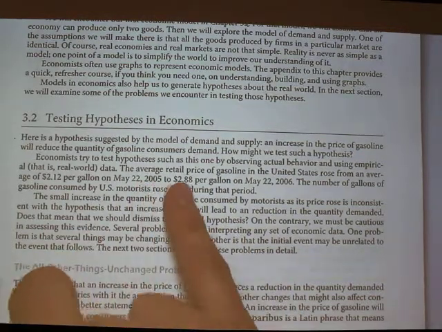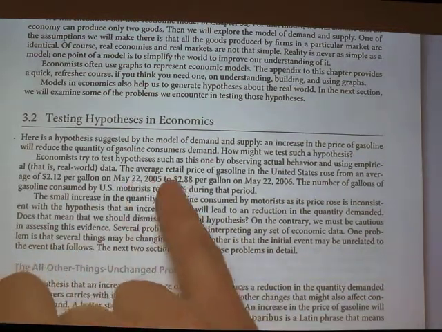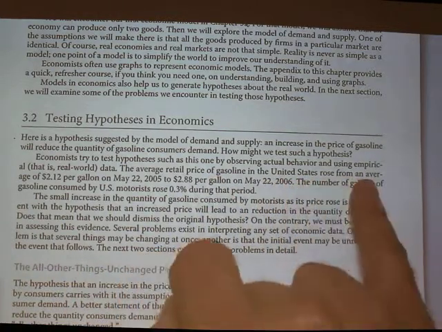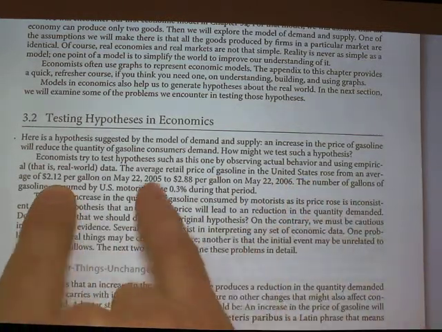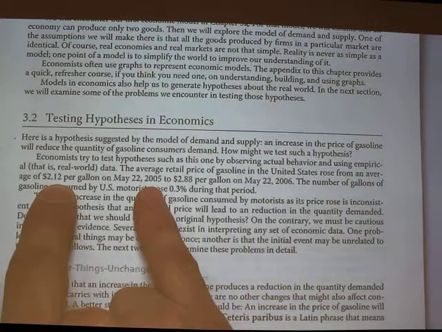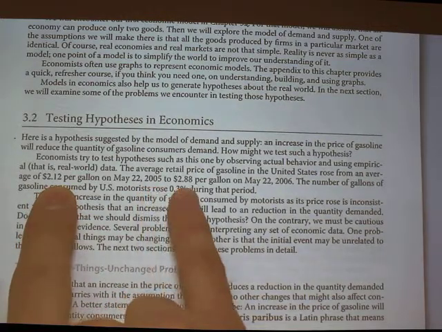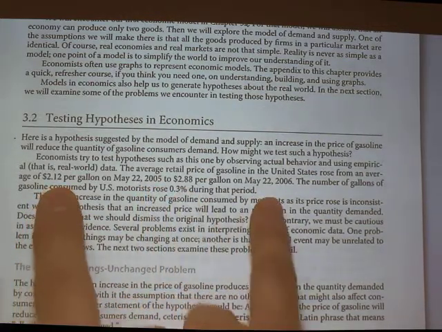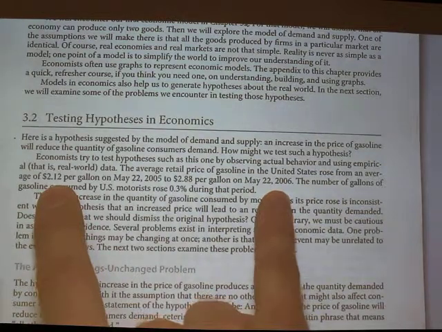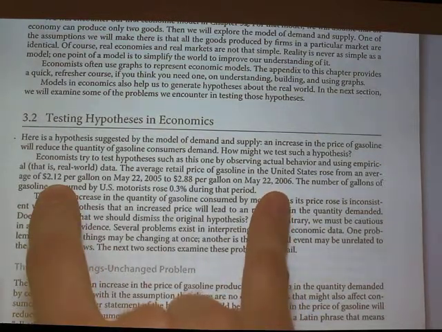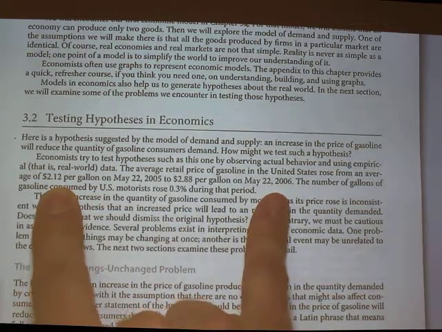The average, it turns out, and this is true, the average retail price of gasoline in the US rose from an average of $2.12 in May of 2005 to $2.88 a year later. So the price went up. We think people would probably consume less gasoline, right? That's what the model of supply and demand would tell us.